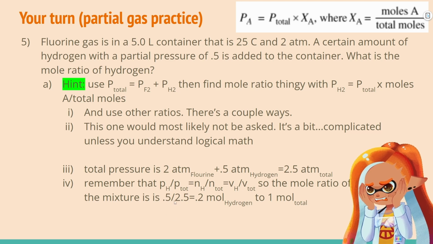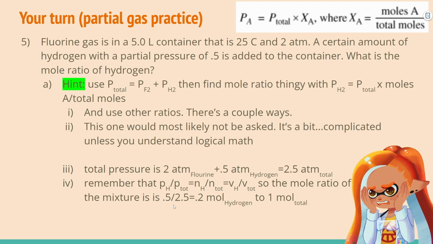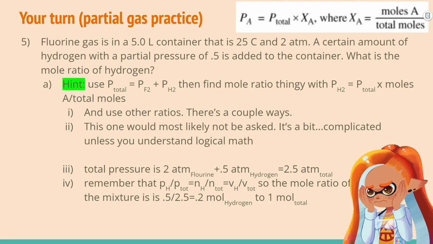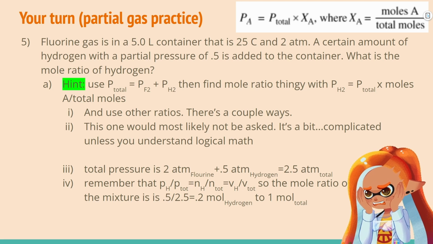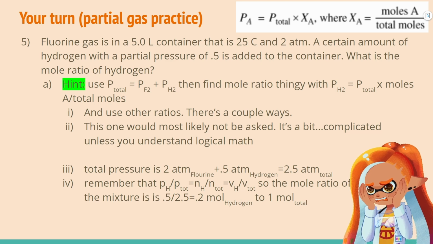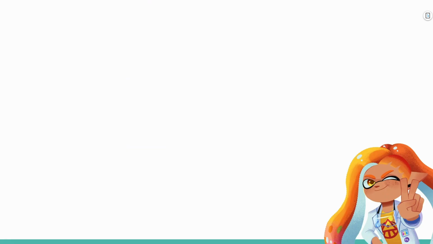And so I just took that math, and it ended up equaling 0.2, and then 0.2 divided by 1 equals 0.2, so that I can just get that ratio of 0.2 moles of hydrogen to 1 mole. So again, if you're like, whoa, the math isn't too hard, but most likely College Board wouldn't ask a question like this.